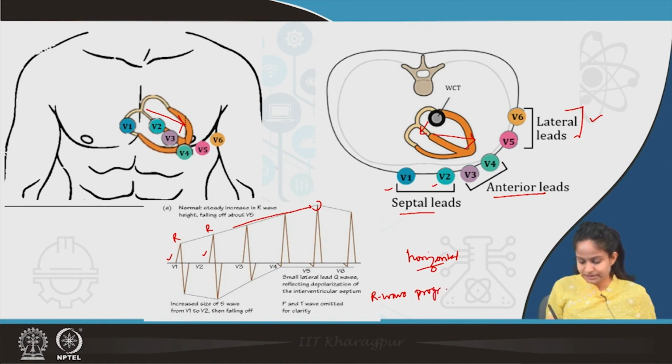It is a very important phenomenon to look for whenever we are interpreting an ECG. R wave progression occurs from V1 to V6. There are no Q waves present in V1 and V2. V3 generally gives a biphasic wave, and V4, V5, V6 generally give the tall R waves.